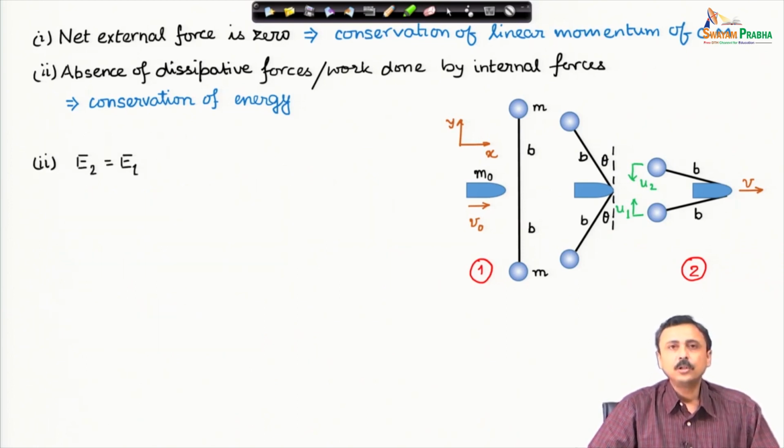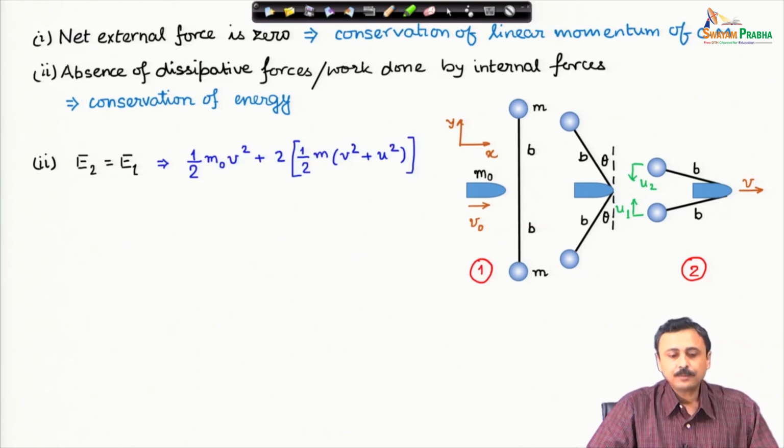Now, we look at energy conservation. Energy in state 2 must be equal to energy in state 1, because now I have to find out the velocities of the individual spheres, and that must imply that the total mechanical energy, here it is only kinetic energy, there is no change in potential energy, because everything is moving on a horizontal surface.